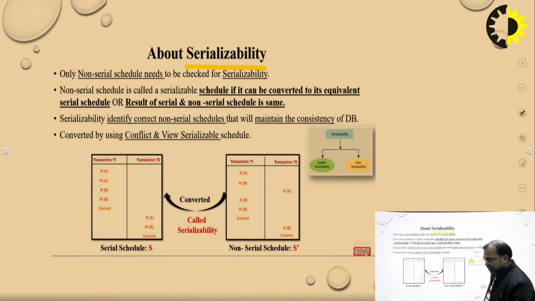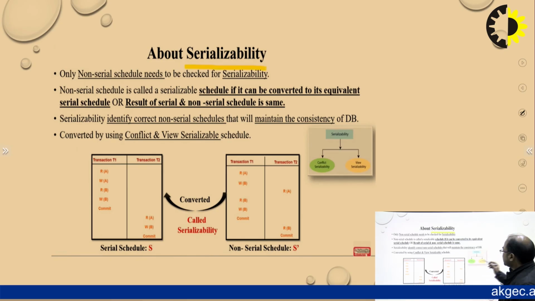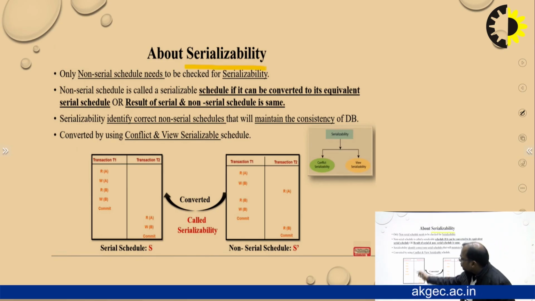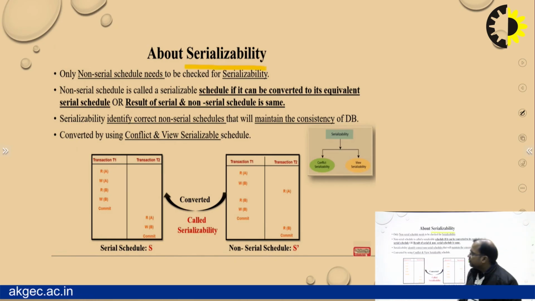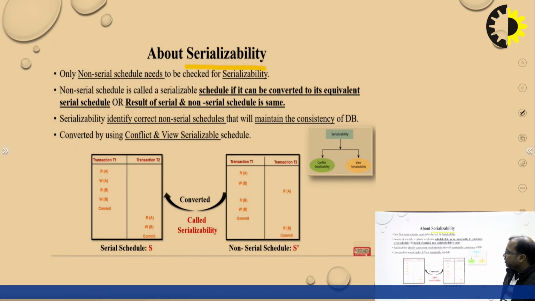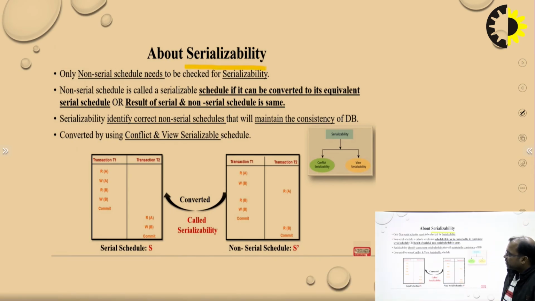If we take an example, we have a serial schedule. Transaction 1 does read of A, write of A, read of B, write of B, and then commit.